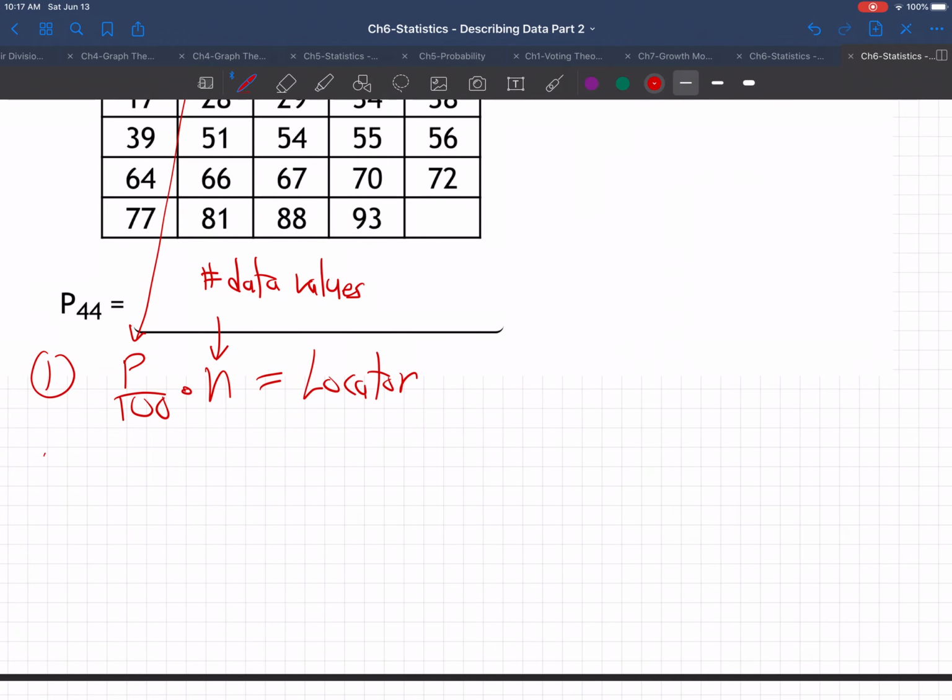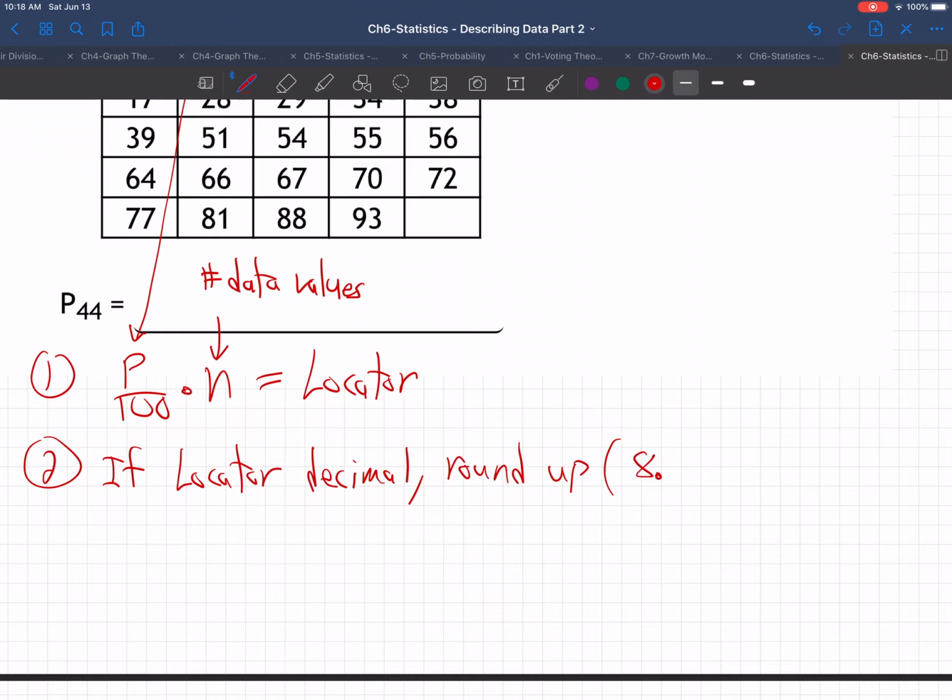And now there's two different things we do. If the locator is a decimal, if it comes out to have a decimal, round up and find the data value in that spot.